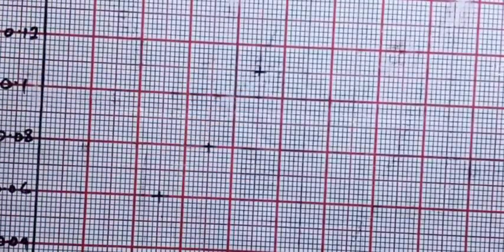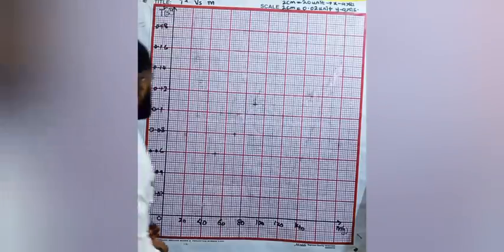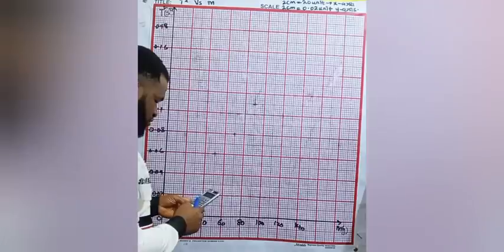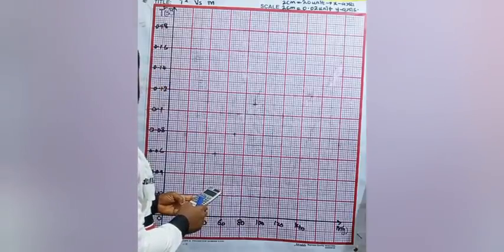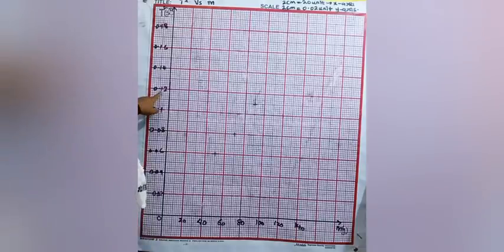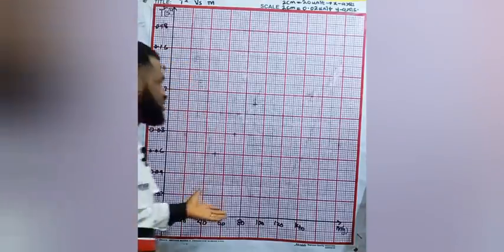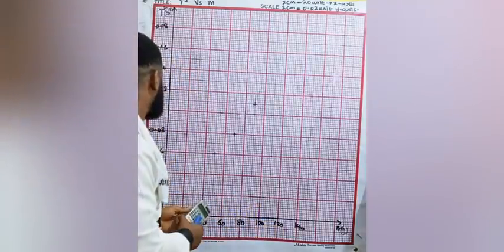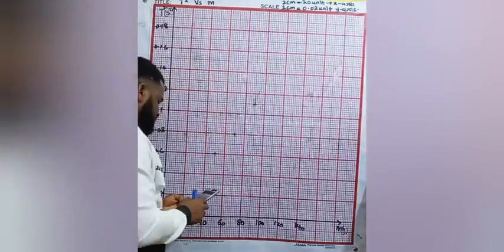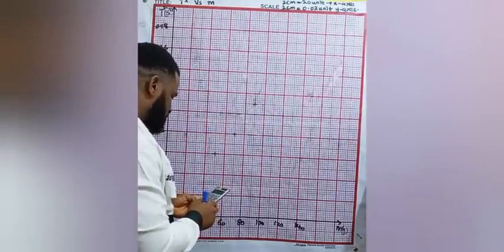The next thing is 0.12 under 110. 0.12. I'm going to say 0.12 minus... Oh, 0.12 is already there. This is 0.12. But some people will say, looking at the table of values, should we make it 0.13? If you make it 0.13, there is still not going to be an issue. I think that's the best thing to do. And that will be under 110. So let's say 0.13 minus 0.12.